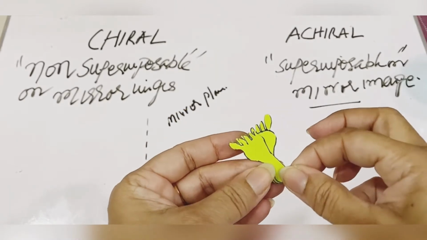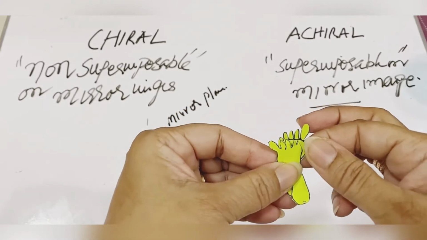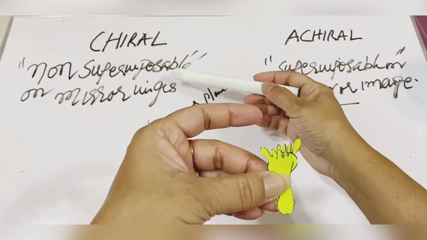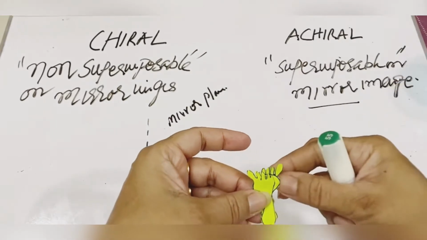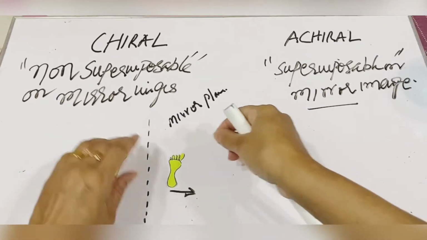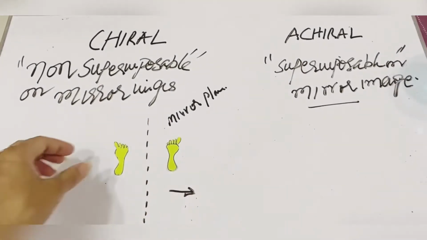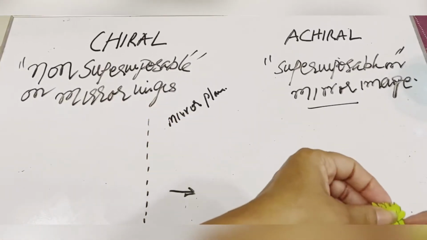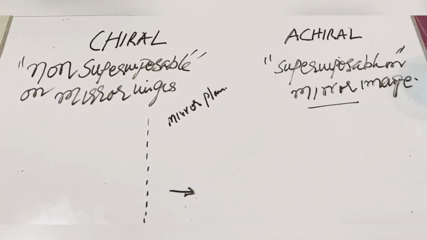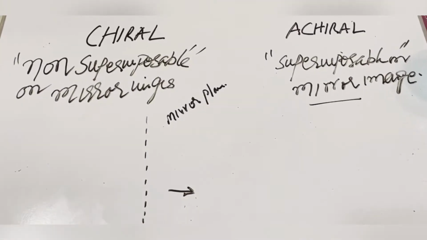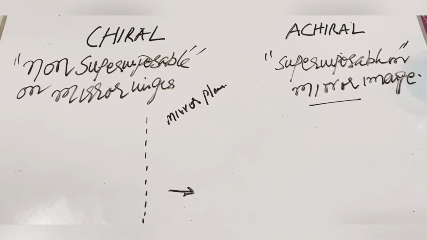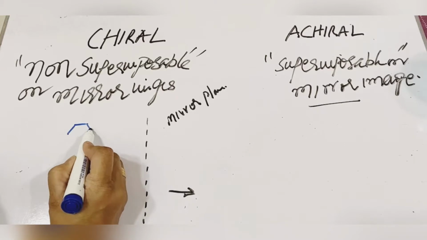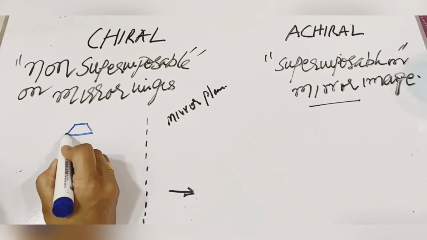So this is again a very interesting example of a chiral object. This is also an example of a chiral object. Okay, the third example is an example of a nail.